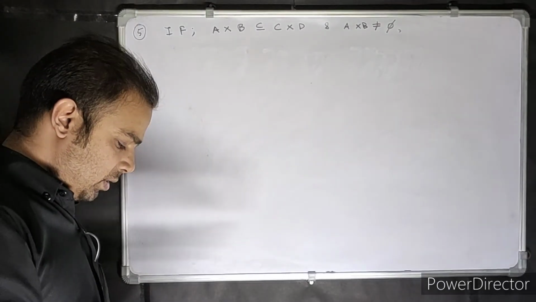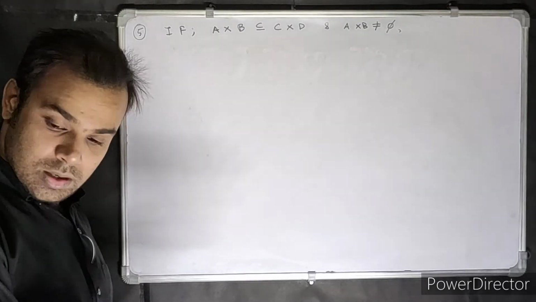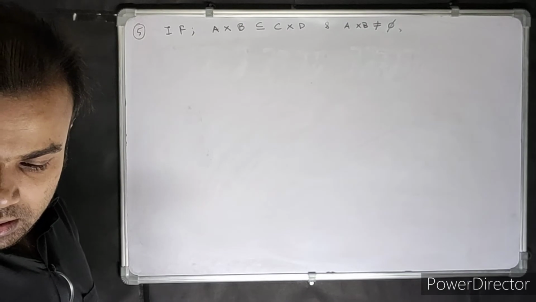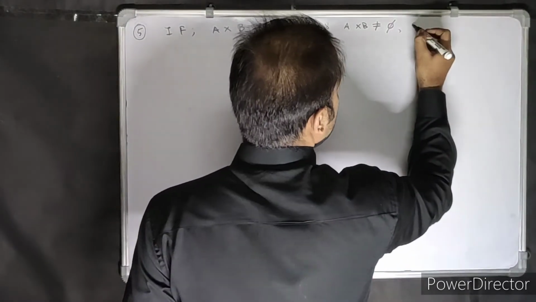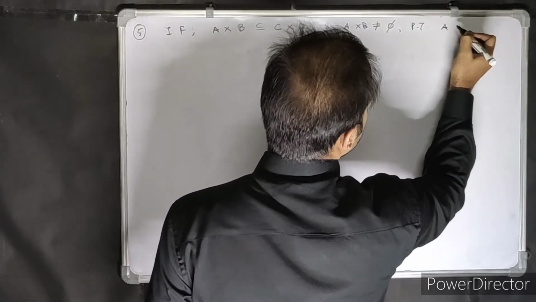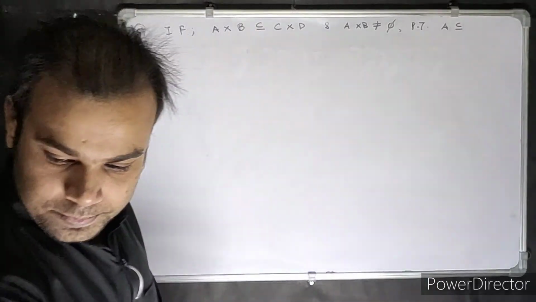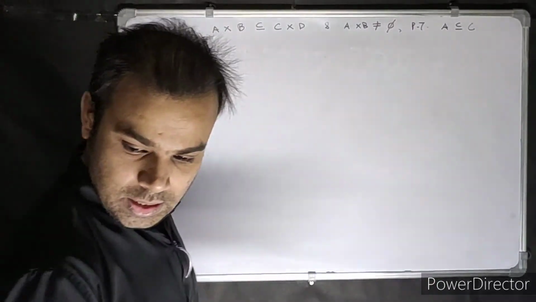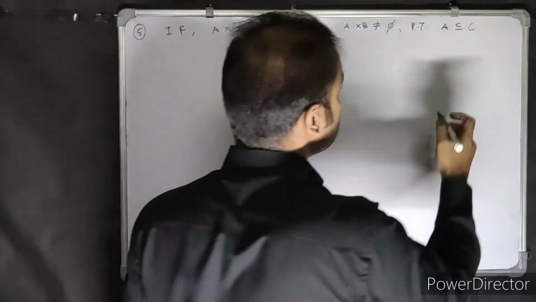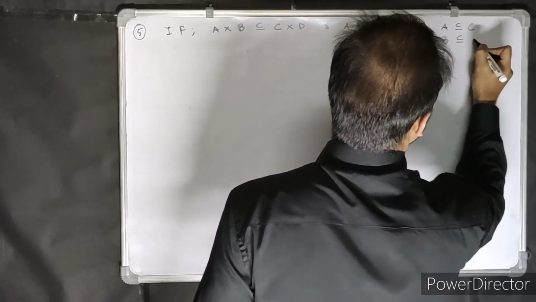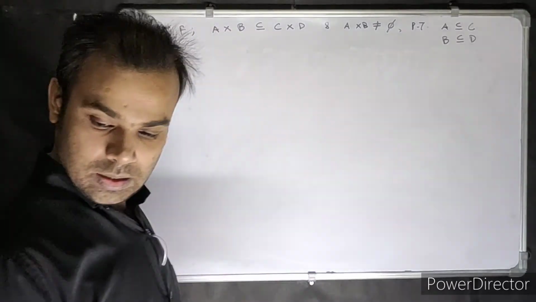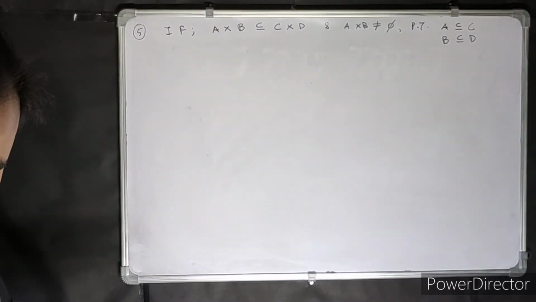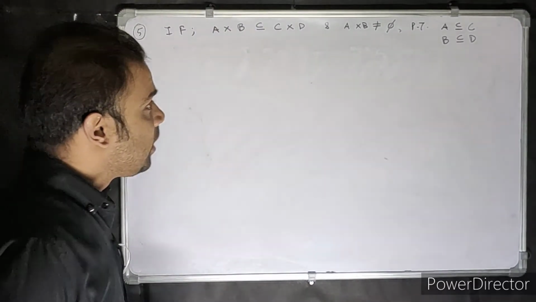I'll tell you what that means. You have to prove that A is a subset of C, and B is a subset, just opposite to the previous question, B is a subset of D. That's what we have to prove. A is a subset of C and B is a subset of D.